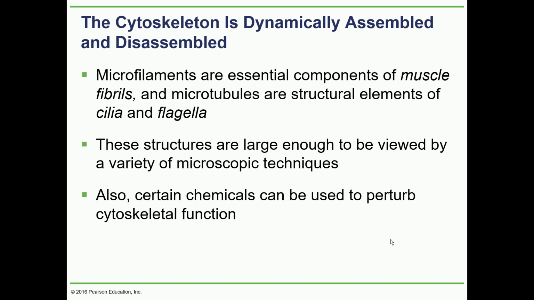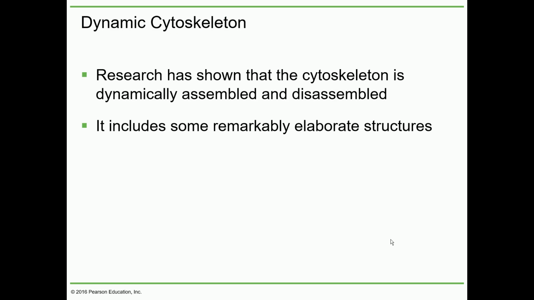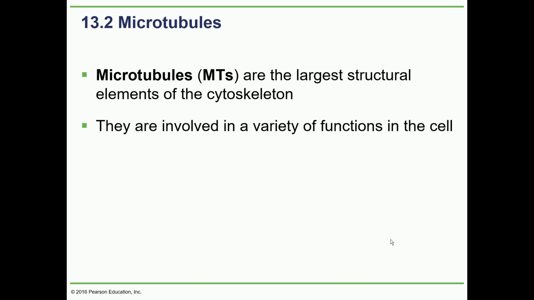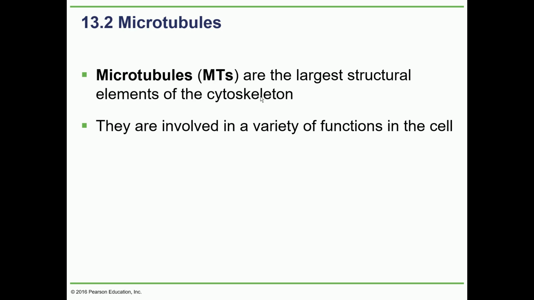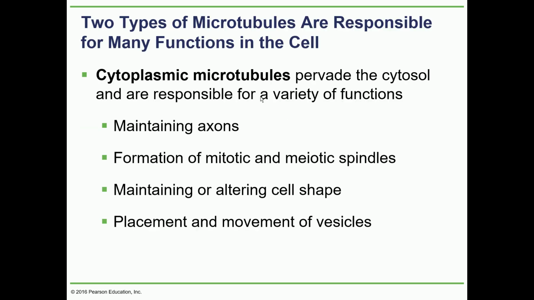So let's go to microtubules. Microtubules are the largest structural element of the cytoskeleton. As you know, there are two different kinds: cytoplasmic microtubules and axonal microtubules.